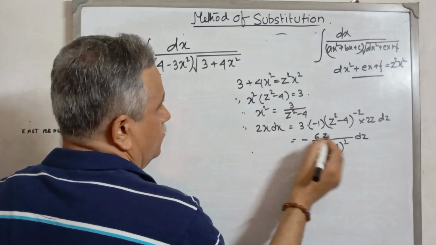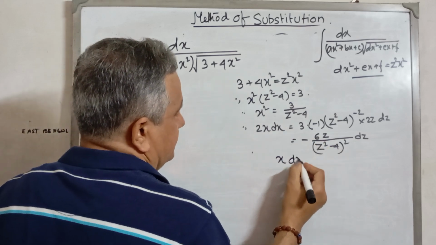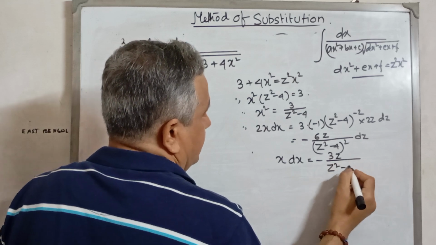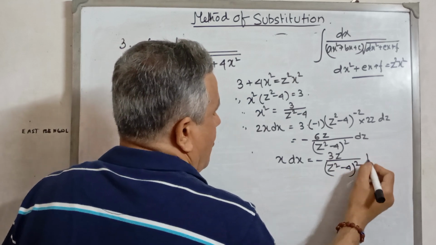Cancel 2, so x dx is equal to minus 3z by z square minus 4 whole square dz.